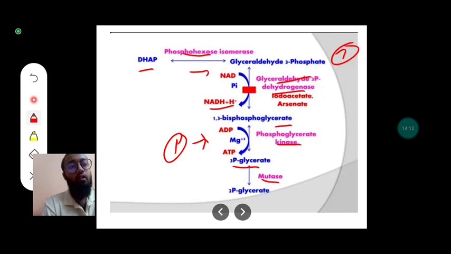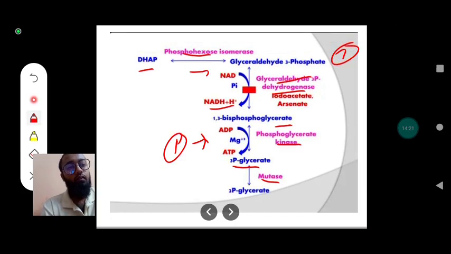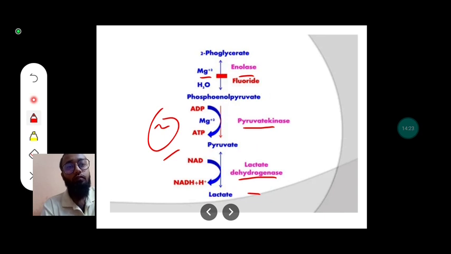First is the 1,3-bisphosphoglycerate to 3-phosphoglycerate. It is the first substrate level phosphorylation reaction. And the second is the phosphoenol pyruvate to pyruvate. So remember students, these are the two important substrate level phosphorylation reactions, and questions related to this have been asked in the exam.